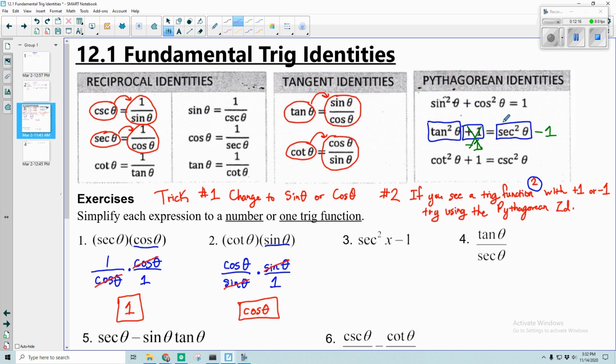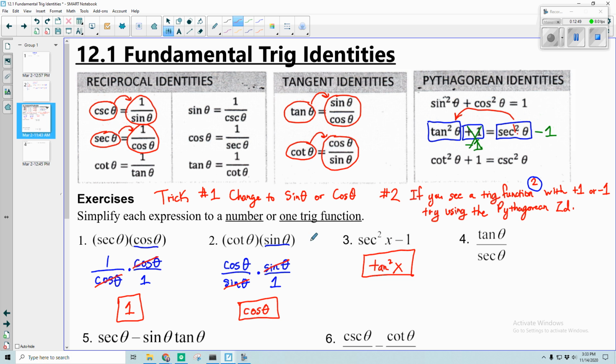So now the secant squared theta minus 1, that whole thing is equal to tangent squared of theta, because this canceled out, that's gone. So all of this, I can replace with tangent squared theta. Or actually, for this problem, it's using x instead of theta, so we would say tangent squared x.